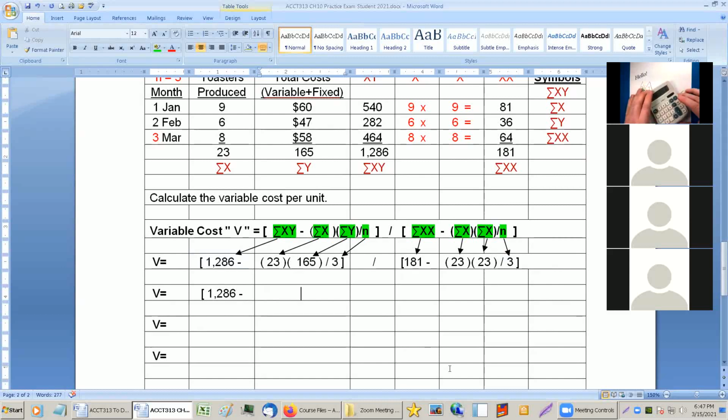So 23 times 165 divided by 3. And does that not look right? Oh, it is.